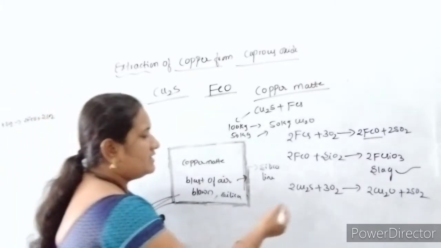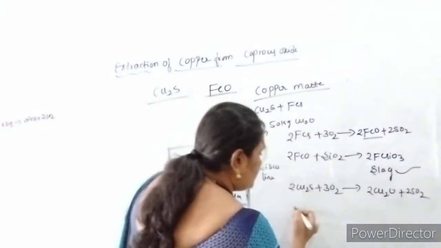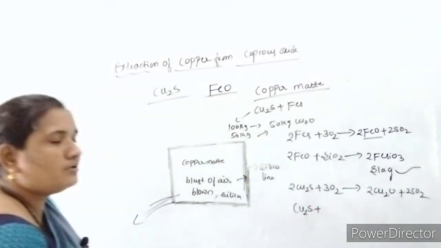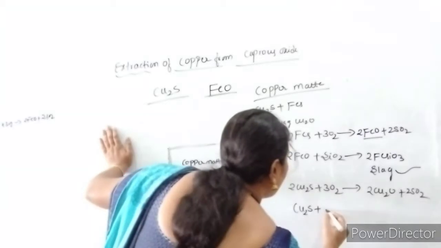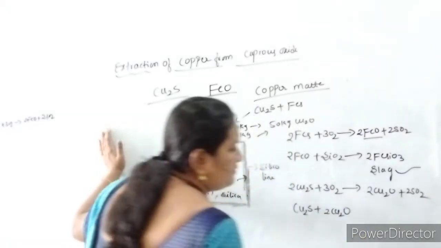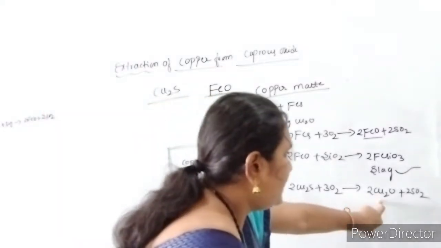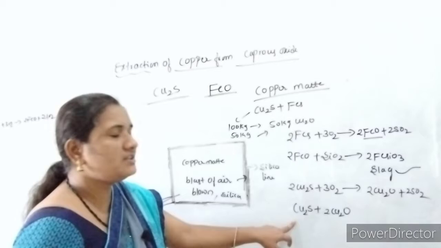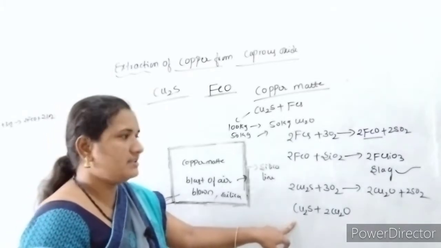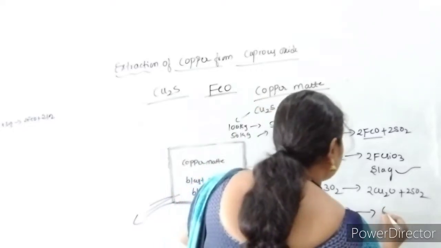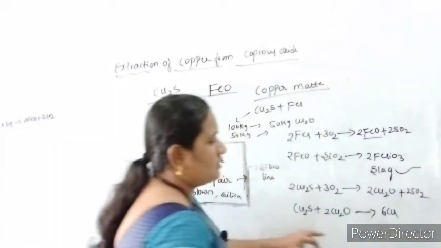So this 50 kg is also able to convert into the cuprous oxide form. The remaining Cu2S which is present in the copper matte undergoes reduction with the help of the Cu2O which is produced in the previous step. So the copper oxide produced reacts with the remaining copper sulfide in the converter. As a result, we now get metallic copper.